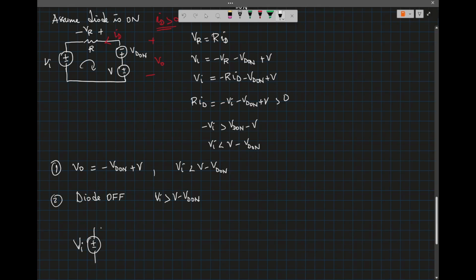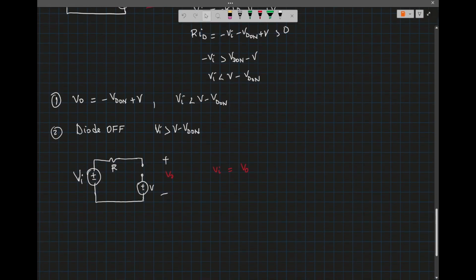VI, the resistor, the diode is off, and then I have V, and the output voltage V0. When I write KVL, I have VI equal to the drop across the resistor, which is 0, plus V0. So VI equals V0.